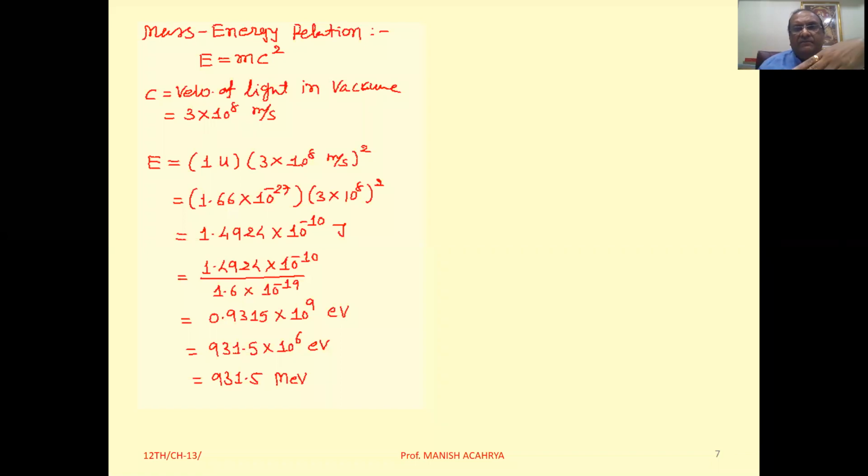But then after, scientist Einstein represented that mass is a form of energy. Okay? And independently mass and energy are not conserved, but jointly mass and energy are conserved in the reactions.